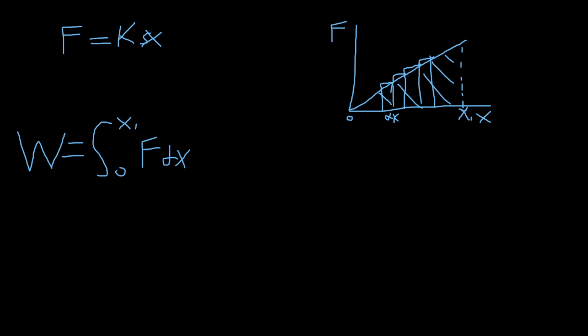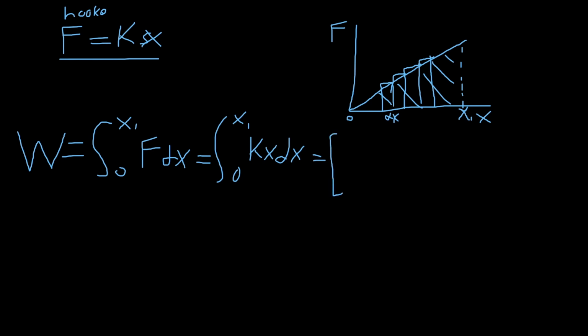Right now, we don't have a variable x, but if we go back to our Hooke's law from before, we can get this into our formula. So we can write the integral from 0 to x1, and then we'll be left with kx dx. We can take this k out, but we'll just leave this here just for the sake of it.